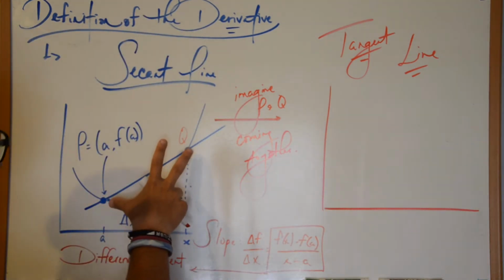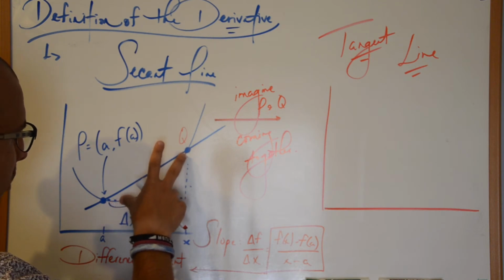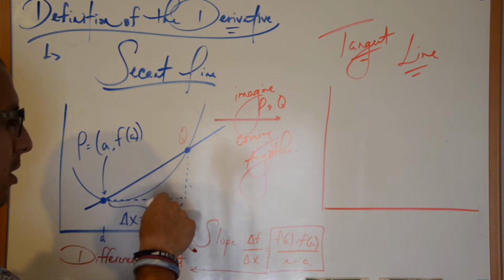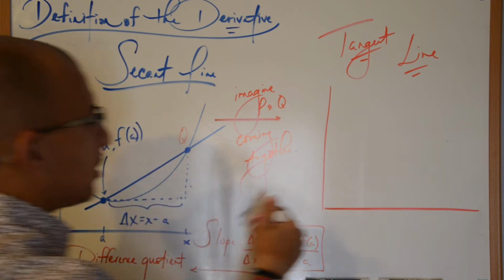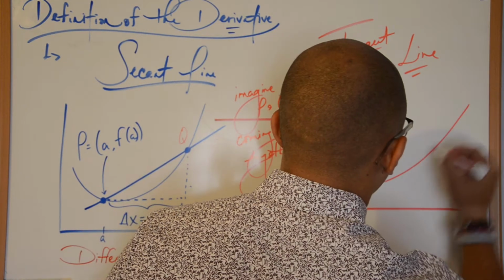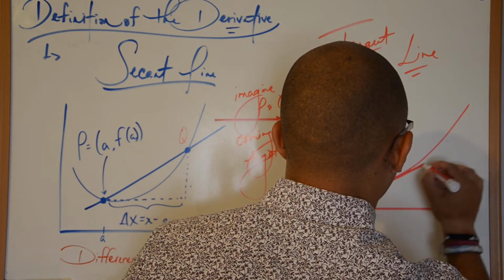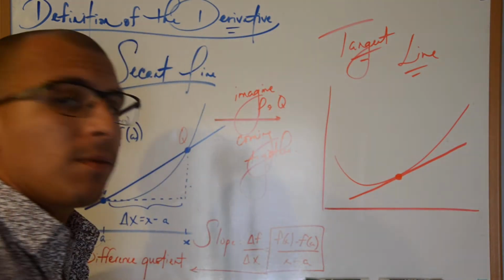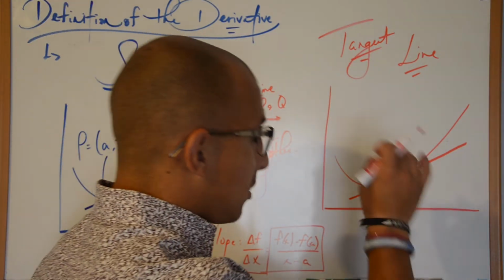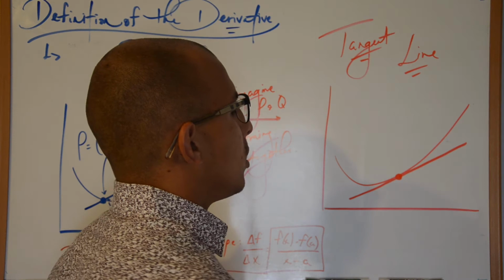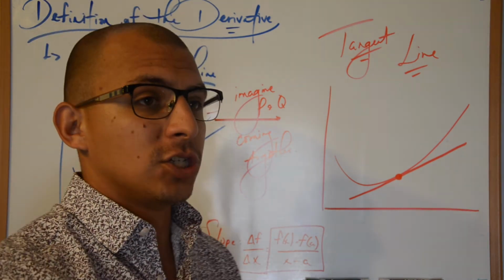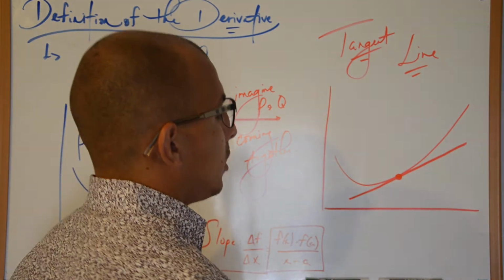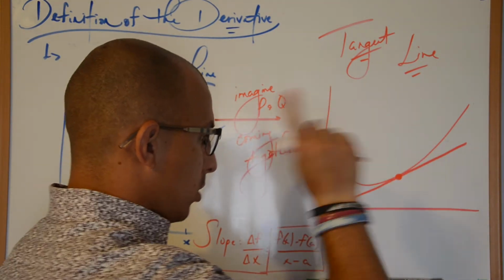I wish I could visually push these 2 points together. I want the distance between them to become 0 so that they're literally sitting on top of one another. Because the tangent line touches a function, or anything that's tangent to a shape, and you did talk about tangent lines in geometry, it touches it at exactly 1 point.